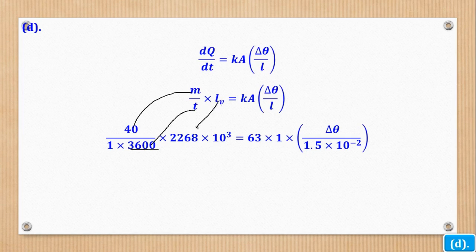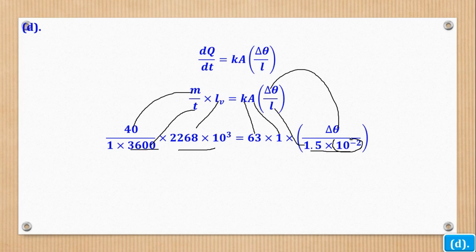The latent heat of vaporization was given in kilojoules, so we have to multiply it by 1000. Then this is the thermal conductivity, the cross-sectional area, and the temperature gradient. The change in temperature we don't know, but we know the thickness. Thickness has to be converted to meters, which is why we multiply by 10 to the power negative 2.